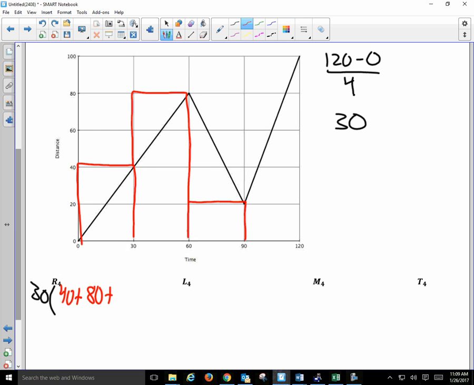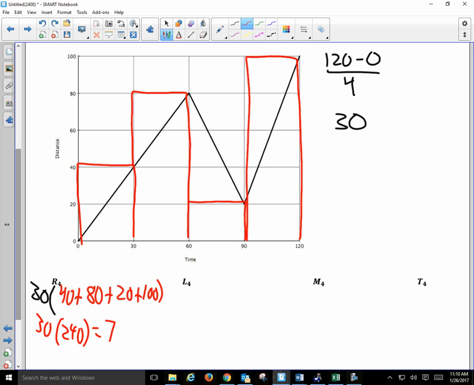Then so it ends up being 30 times 240. 7,200. So you can do the left-hand one on your own.